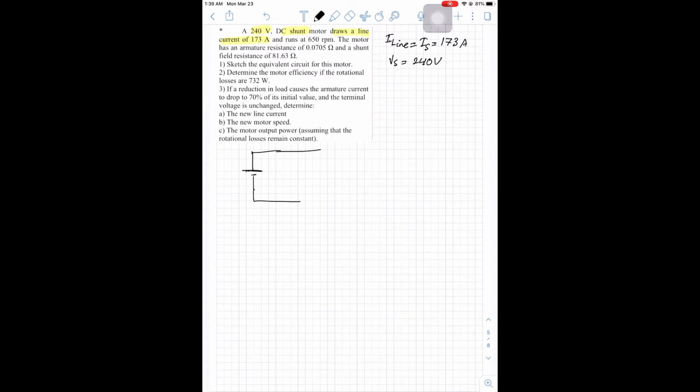Here we have our source, the field is connected in parallel to the armature. Here we have EA, our torque and speed, our RA, our RF, our V source, and the currents are I source, IF, IA.